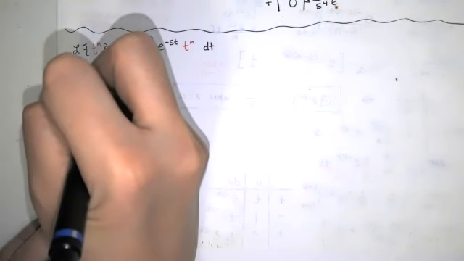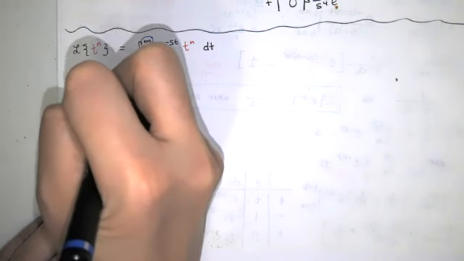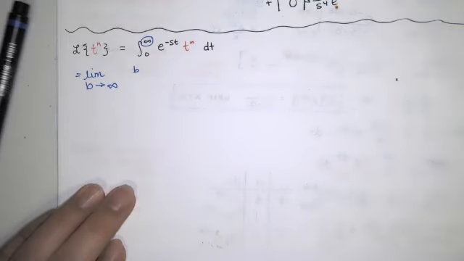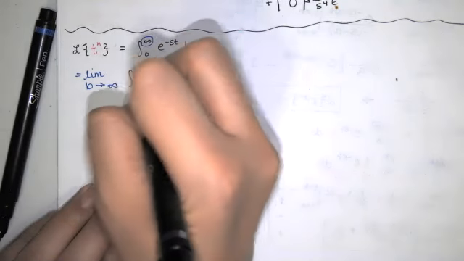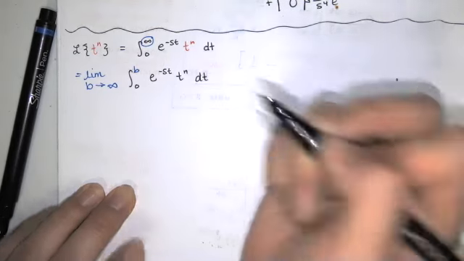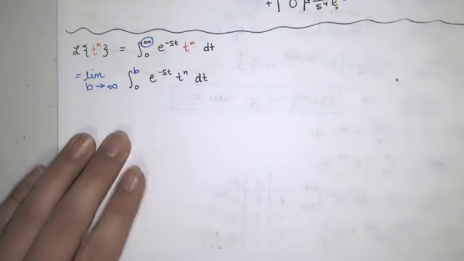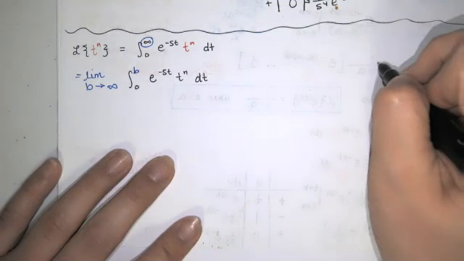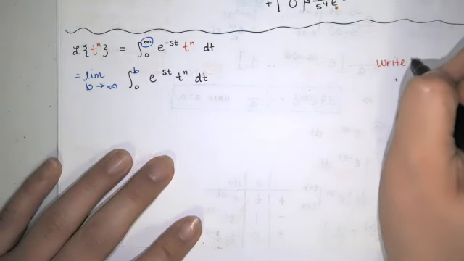So this is the limit as b goes to infinity of the integral from 0 to b of e to the negative st times t to the n dt. And then we want to use integration by parts for that piece.